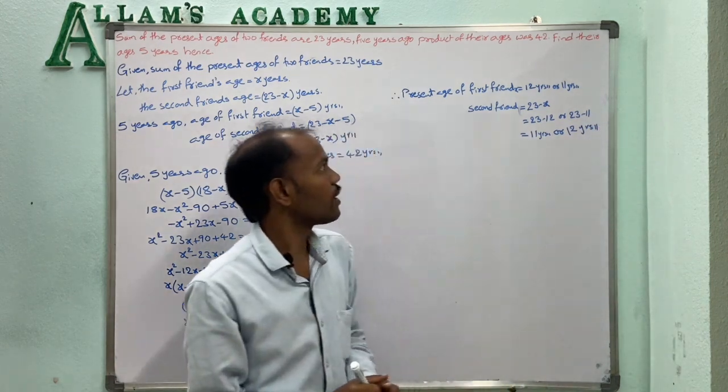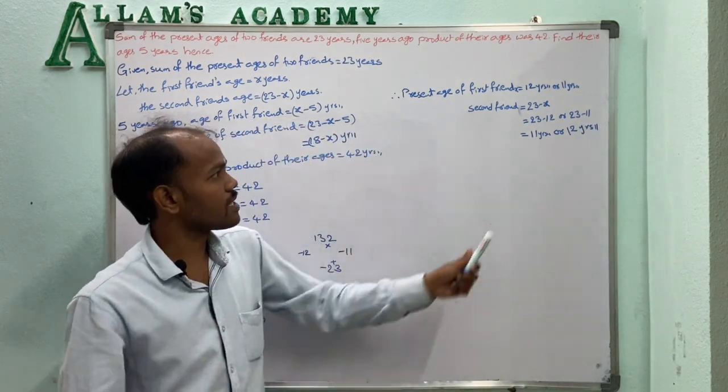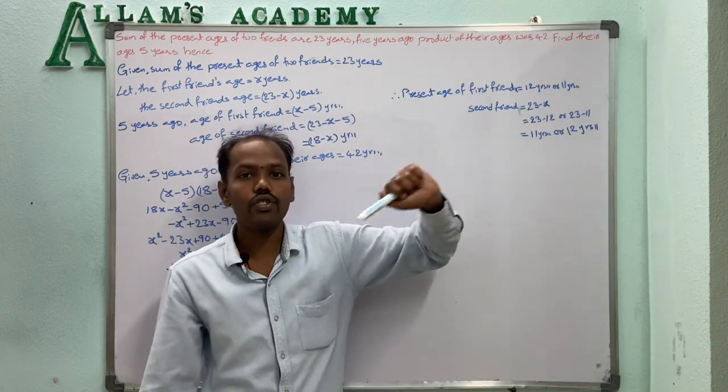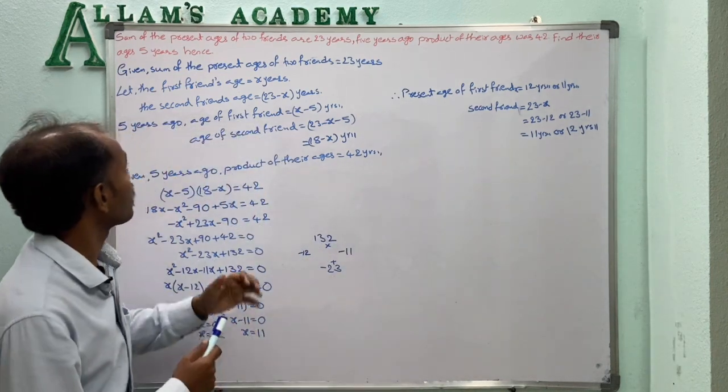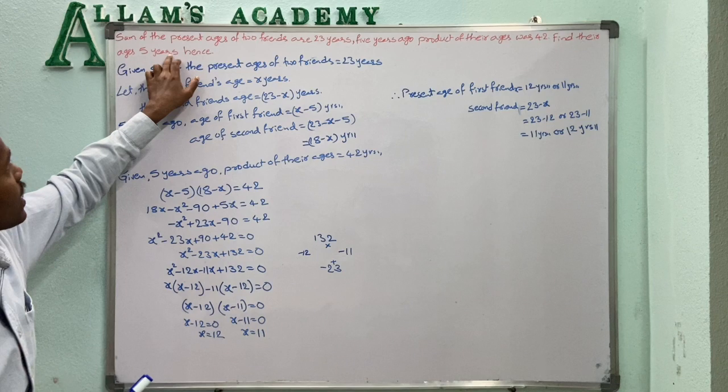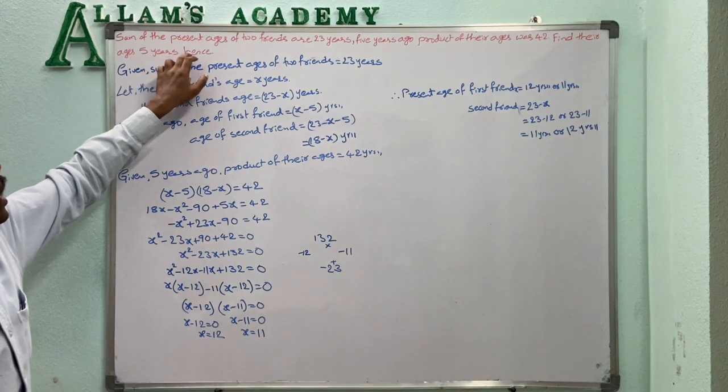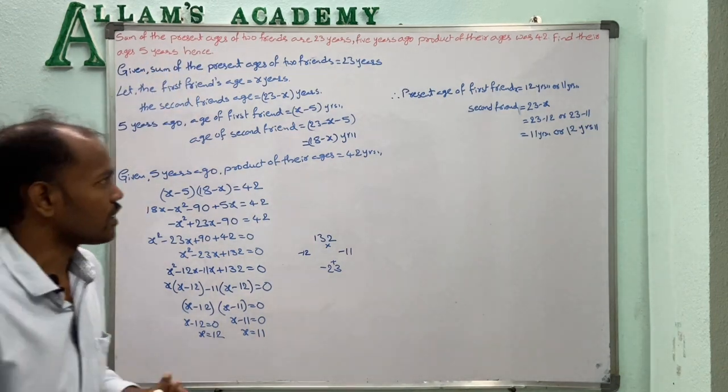So the second person's age is either 11 years, otherwise 12 years. But here we are asked how much their ages will be after 5 years.